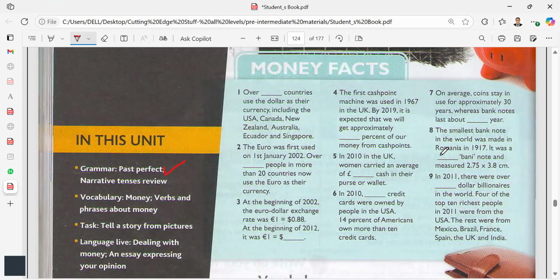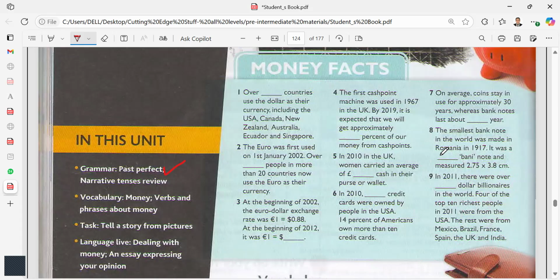4. The first cash point machine was used in 1967 in the UK. By 2019, it is expected that we will get approximately 90% of our money from cash points. 5. In 2010, in the UK, women carried an average of £28 cash in their purse or wallet. 6.